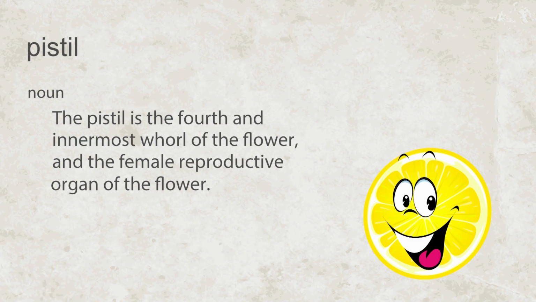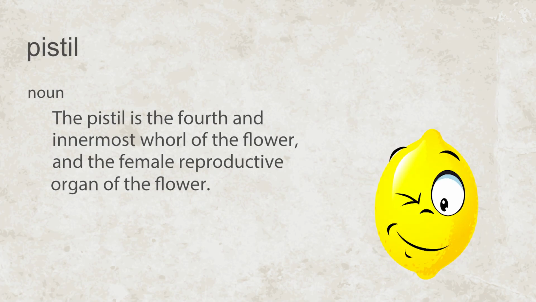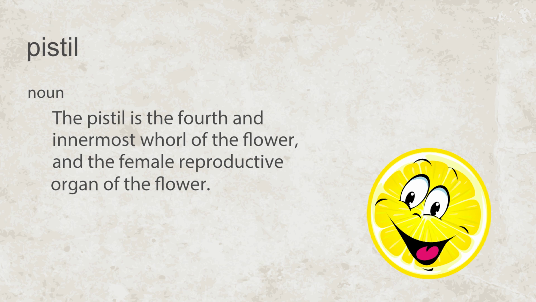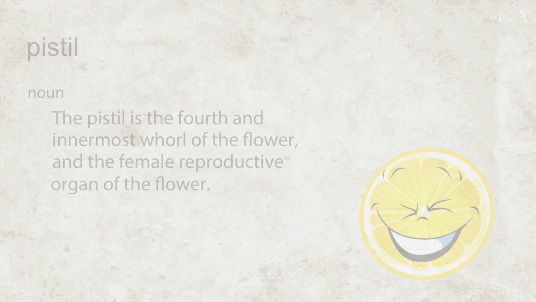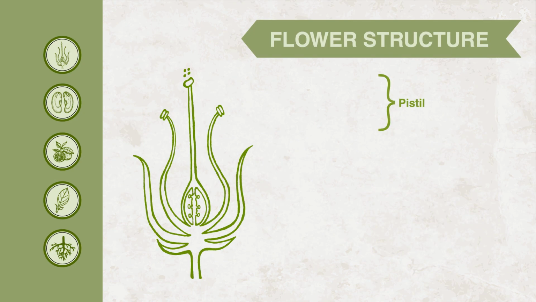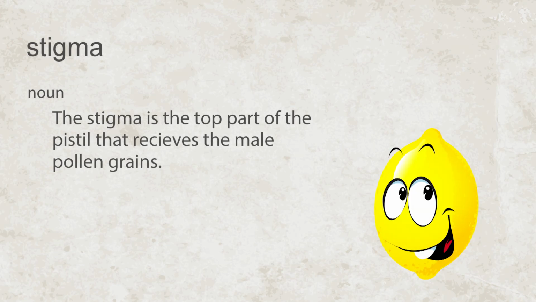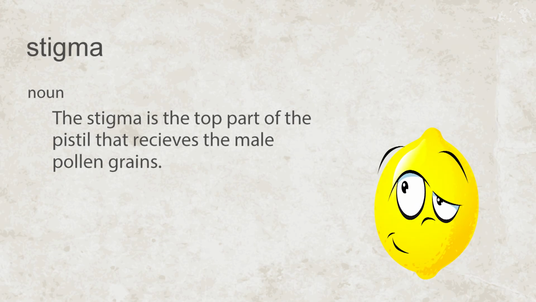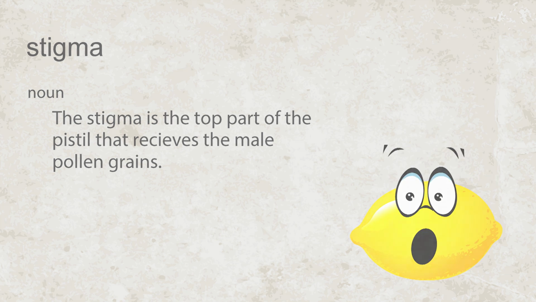The pistil is the fourth and innermost wall of the flower and the female reproductive organ of the flower. The pistil is made up of the stigma, style, and ovary. The stigma is the top part of the pistil that receives the male pollen grains.